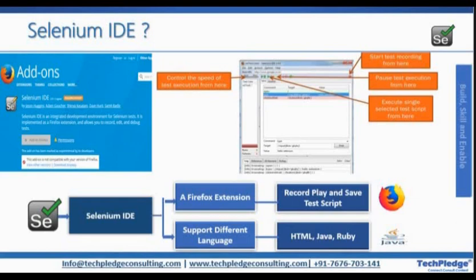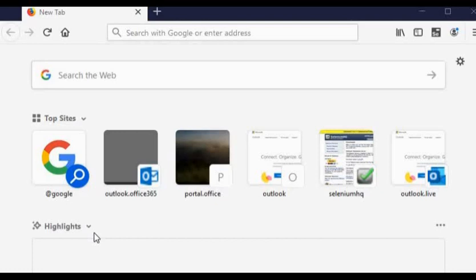So I would show you my Firefox browser. This is my Firefox web browser. As you can see on the right hand side on the top, the Selenium IDE plugin that I have already installed.